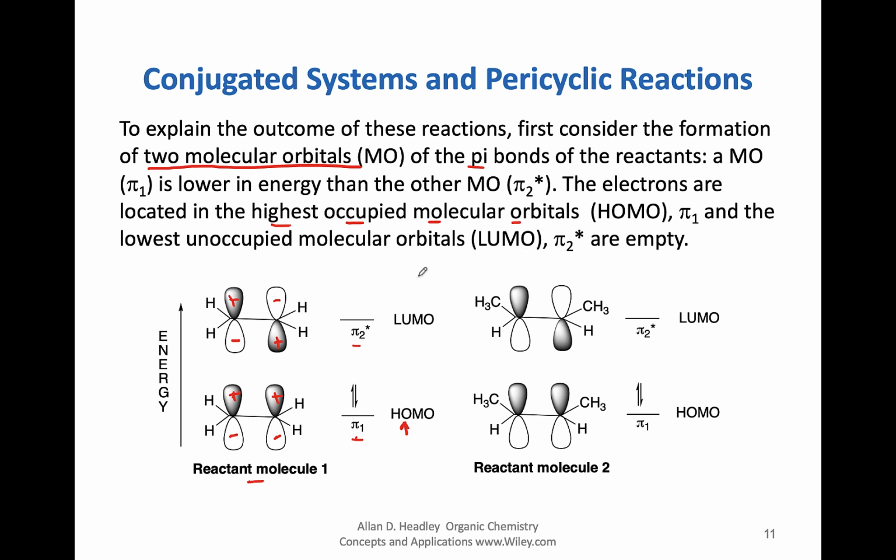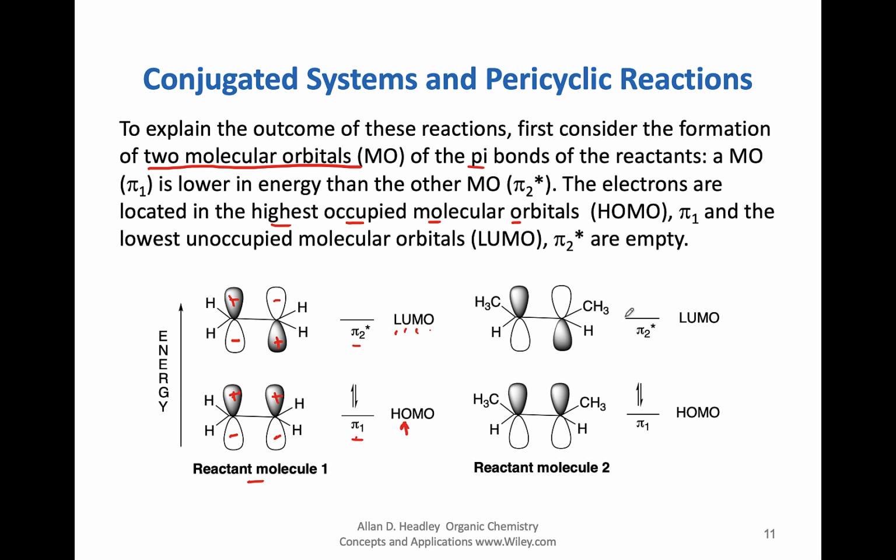The lowest unoccupied molecular orbital, of course unoccupied, so there are no electrons here. So here is the LUMO, and here's the HOMO. Same for the other reactant molecule. We have the HOMO with 2 electrons, and we have the LUMO with no electrons.